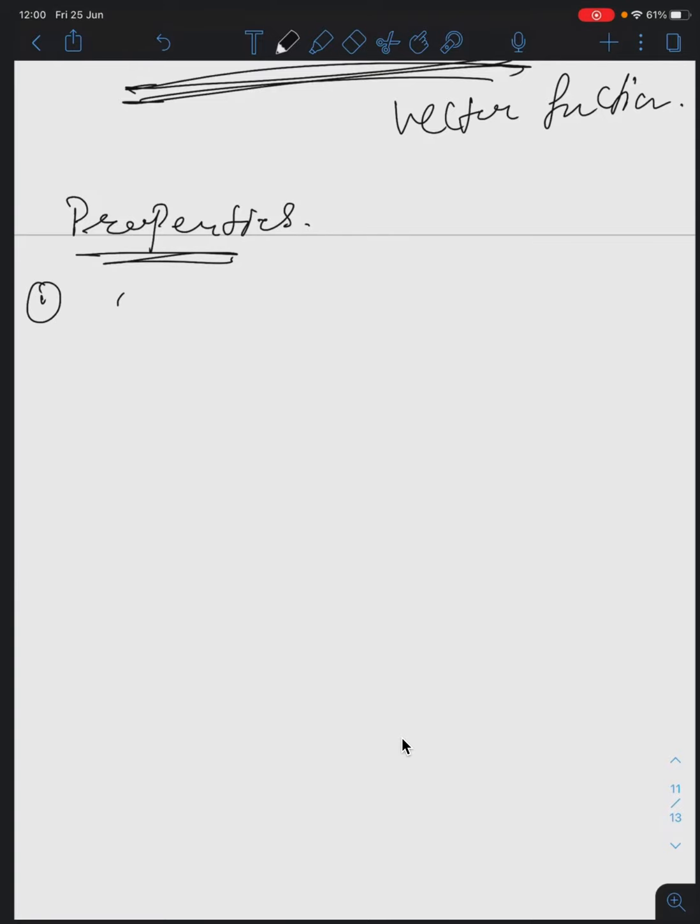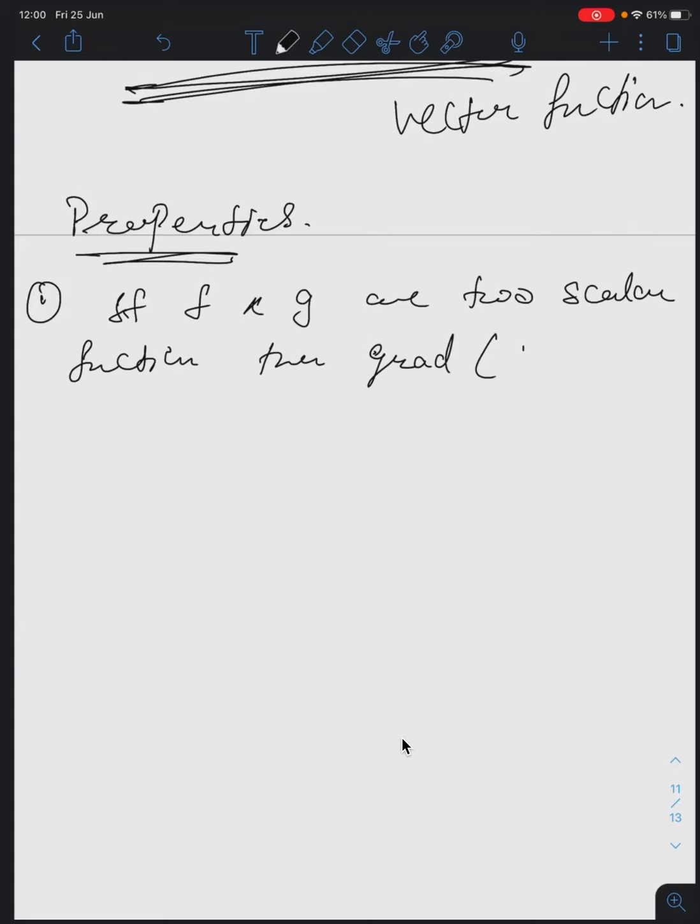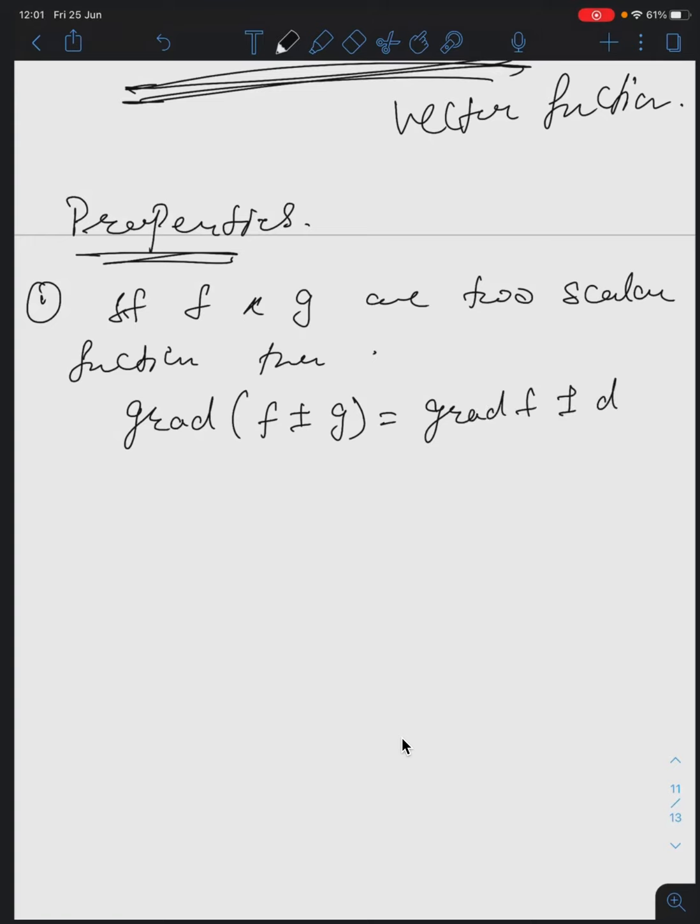First one: suppose f and g are two scalar functions, then gradient of f plus or minus g will be equal to grad f plus or minus grad g. This is just the common one.